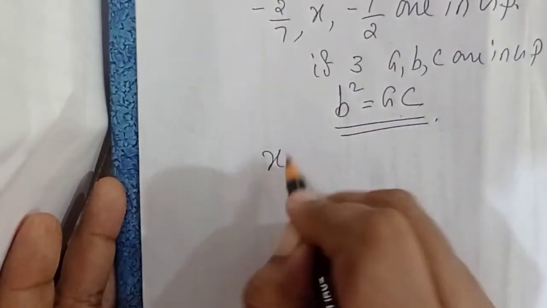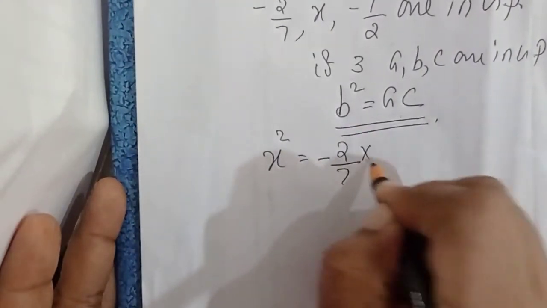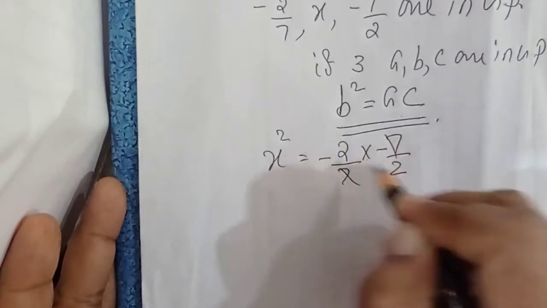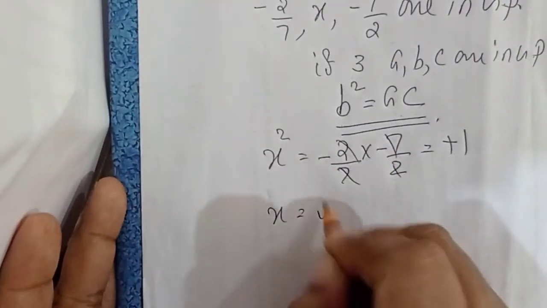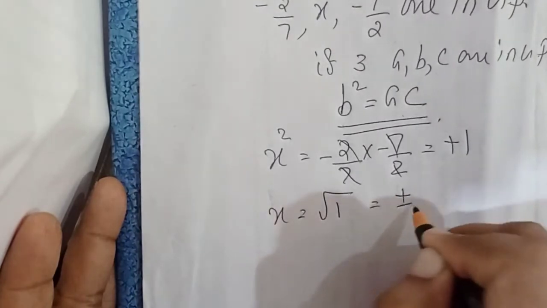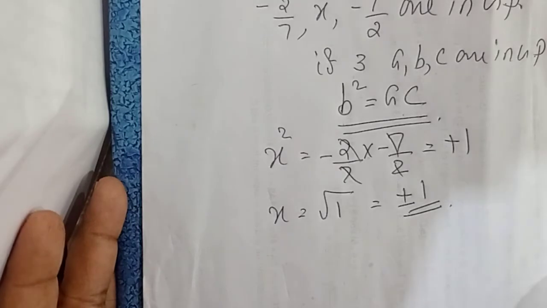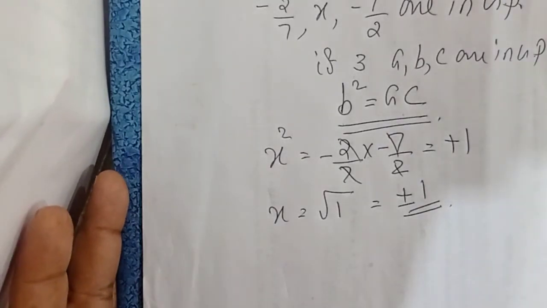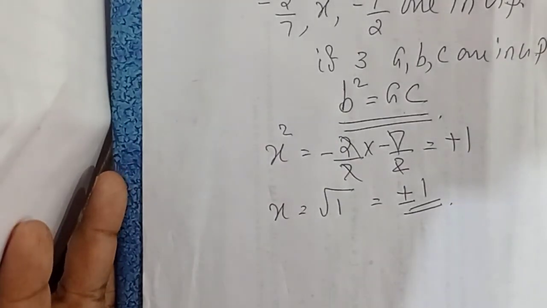Therefore, here x squared equals -2/7 into -7/2. The 7s and 2s cancel, minus times minus is plus, so 1. What is the square root of 1? Yes, plus or minus 1. Understand? Therefore, the value of x is plus or minus 1. Finish?